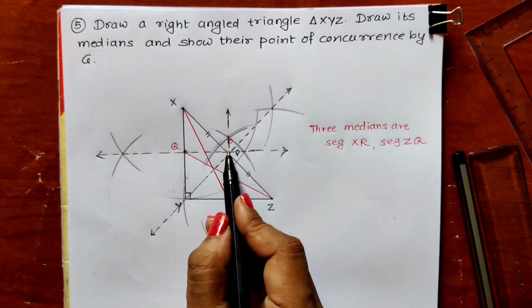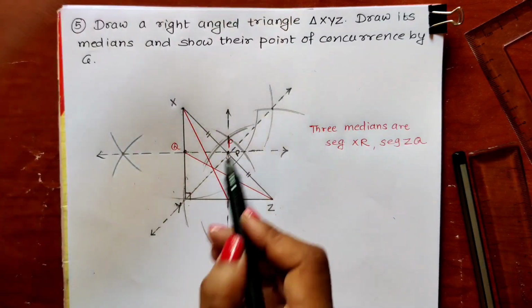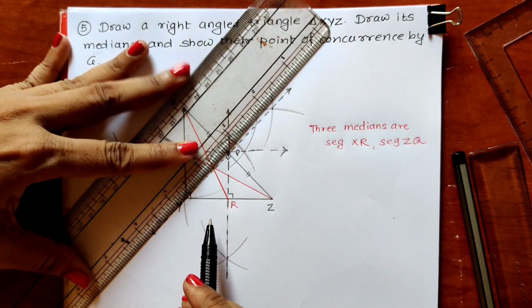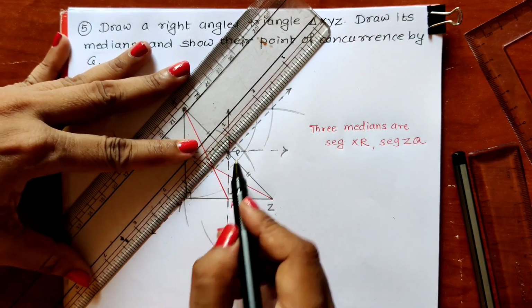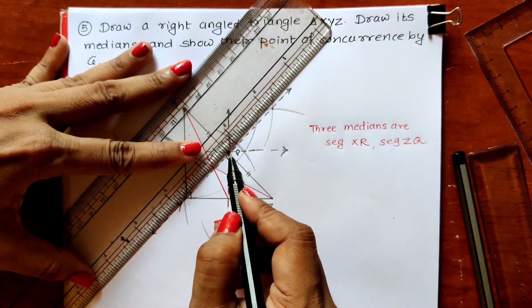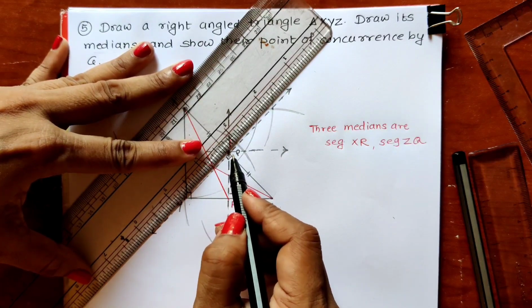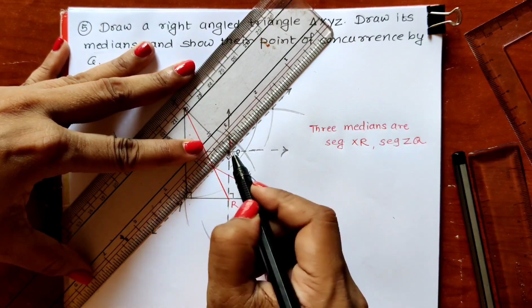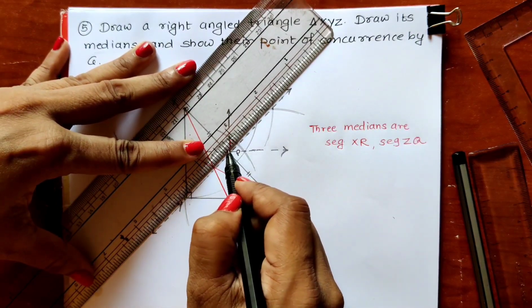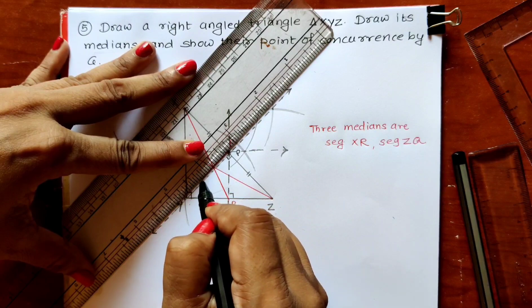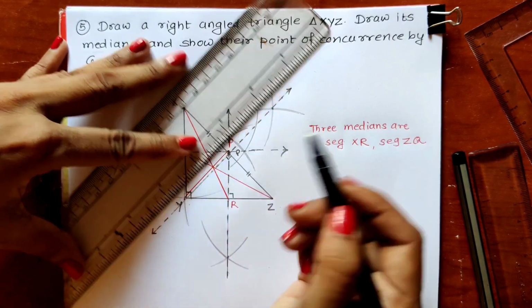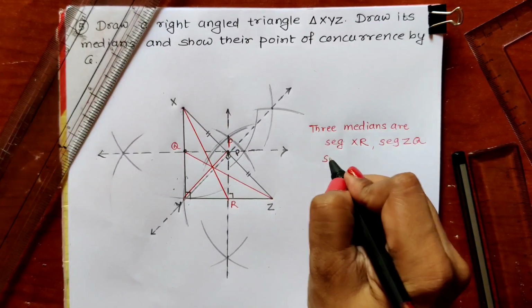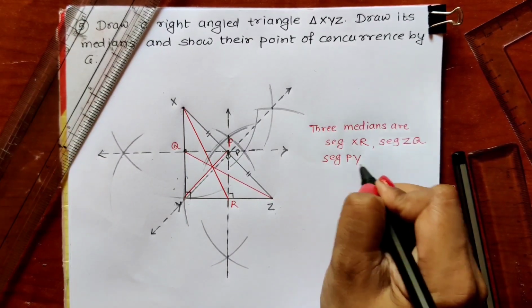And now we will be drawing the third median from P to Y. This is my third median, seg PY.